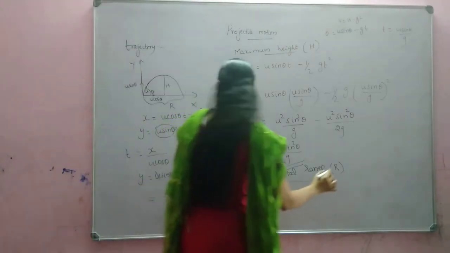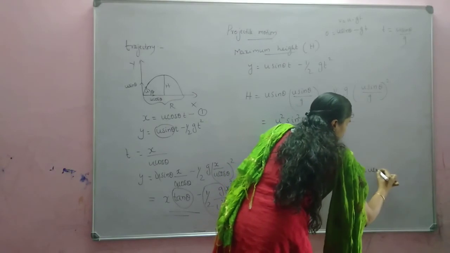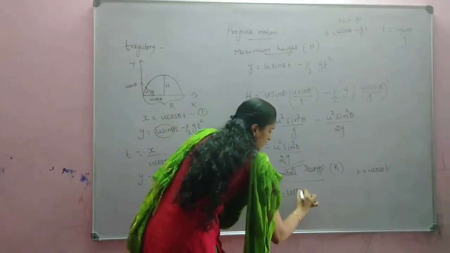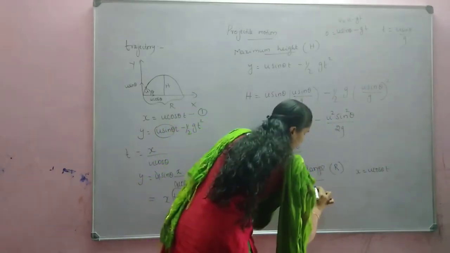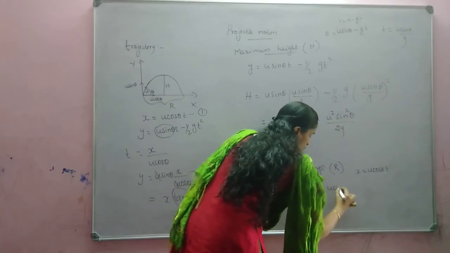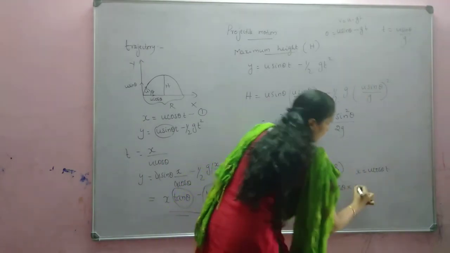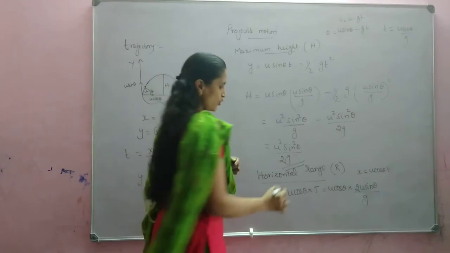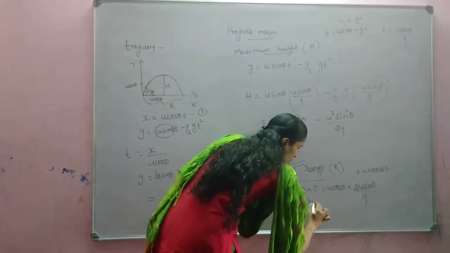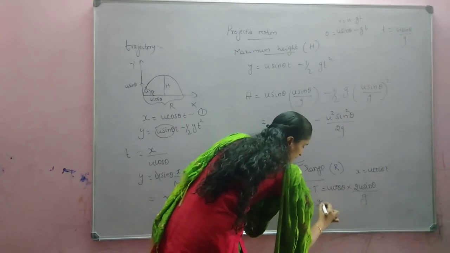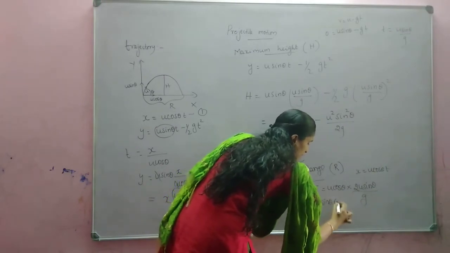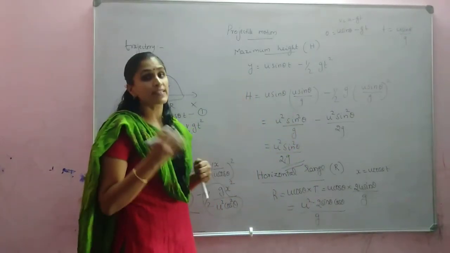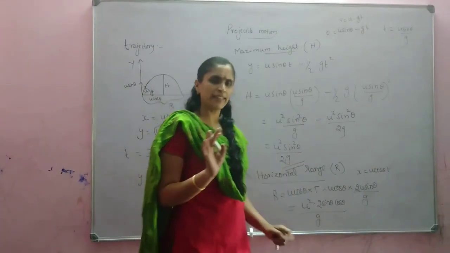So we use x = u cos theta into t; instead of x we write R, and R = u cos theta into 2u sin theta by g, or u square into 2 sin theta cos theta by g. 2 sin theta cos theta can be written as sin 2 theta, if you know; otherwise you can leave it like that, not a problem.